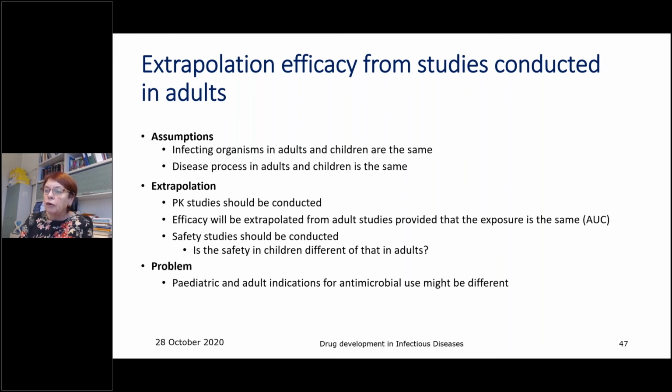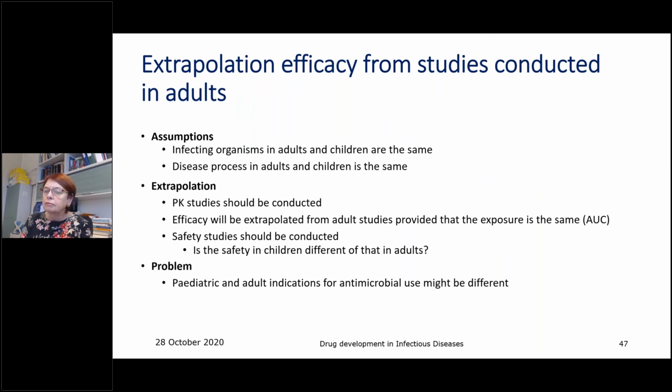If we do the PK studies using the AUC approach, we can target the same exposure in children and extrapolate efficacy. Depending on the regulatory agency, safety can also be in large part extrapolated, but smaller safety trials may still be needed in the pediatric population.